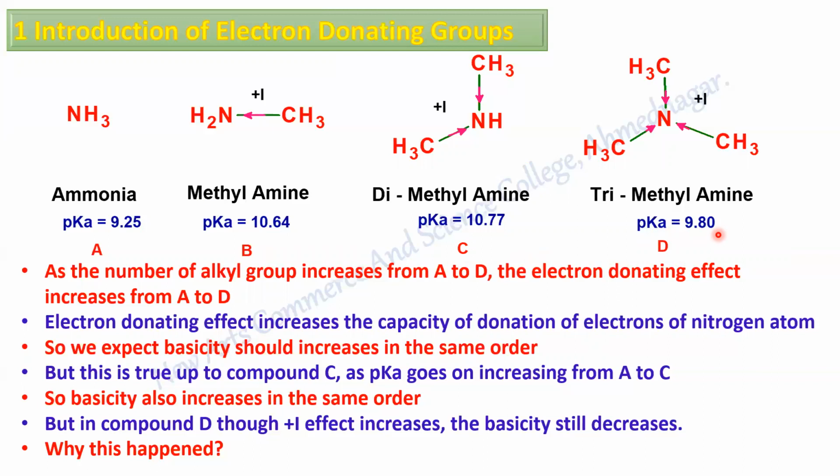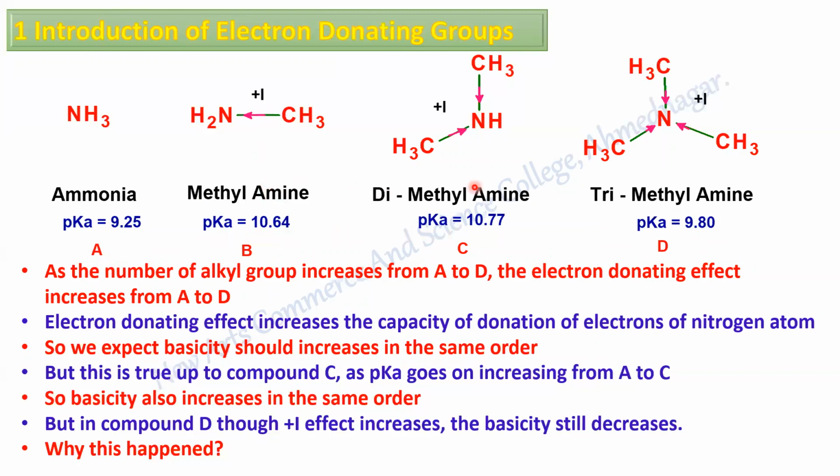It is in between 10.64 and 9.8, so it is a weak base as compared to B and C as well. The reason behind this is... the larger the pK value, the stronger the base. We call this amine a primary amine.